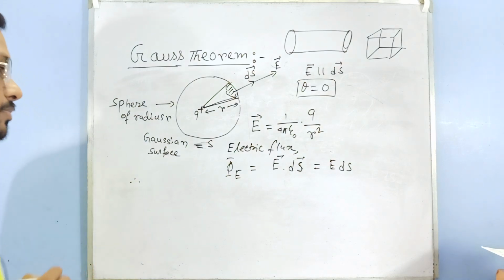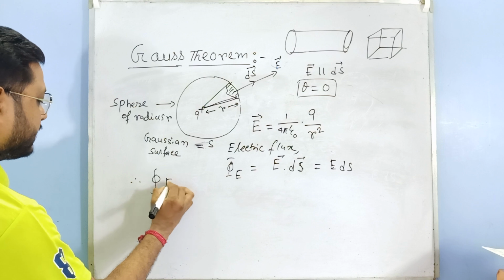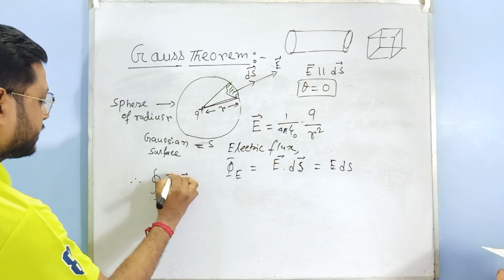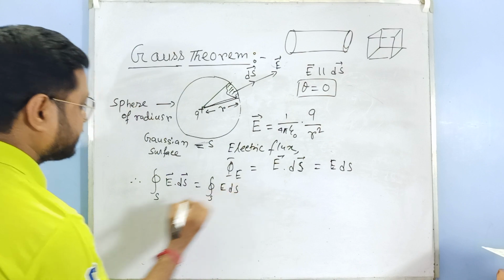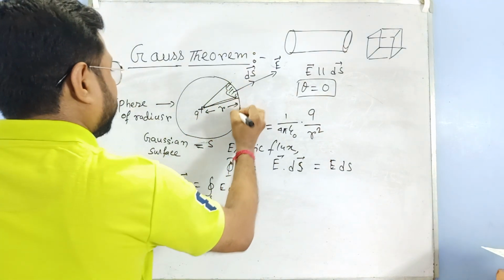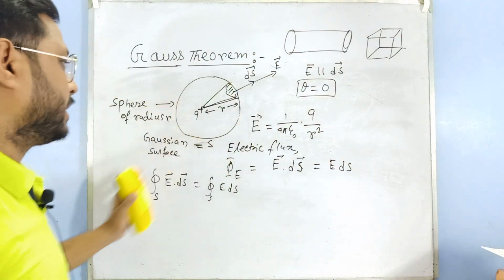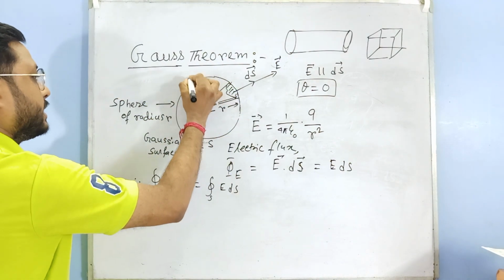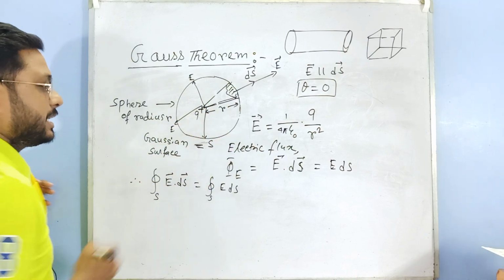Now, the total flux, that is integration over S of E dot ds, becomes integration over S of E ds, as this is a spherical surface, so the magnitude of E is constant everywhere. E is constant because of the symmetry of the spherical surface.